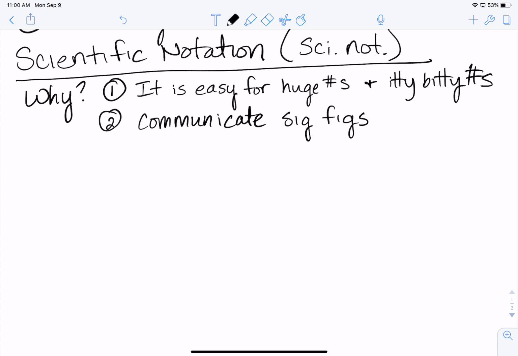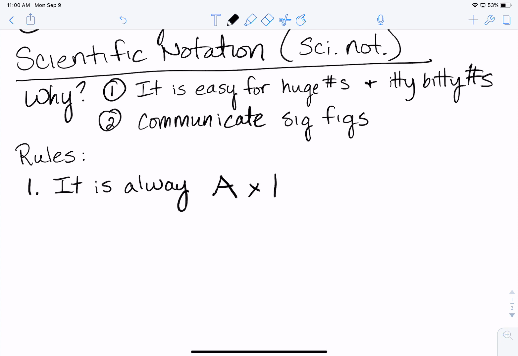All right, so there are rules for scientific notation. Number 1, the first rule is it is always in the form a, like some number, times 10 to the little exponent, right?